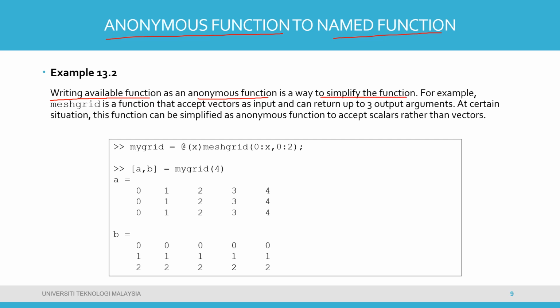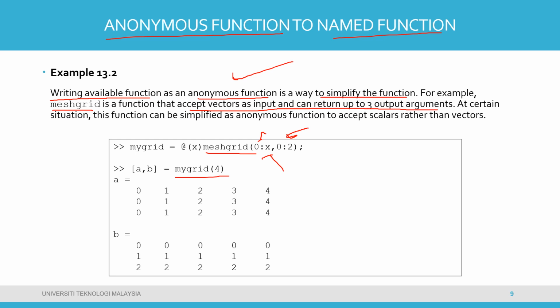For example, you want to use meshgrid, which accepts a vector as input and can return 3 output arguments. Usually you already know what you want to create with this function, and only the input changes. So you can use the anonymous function to set it up first, and you can use it easily after that.